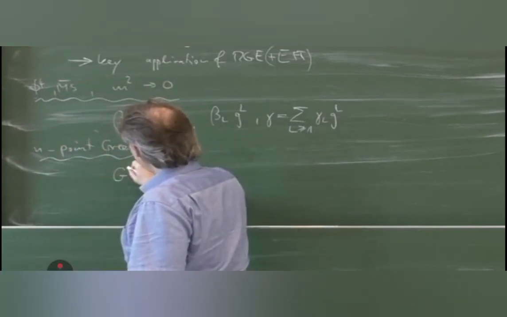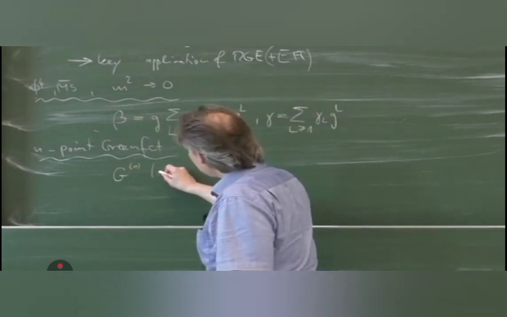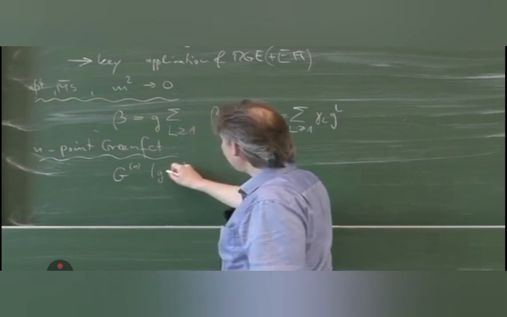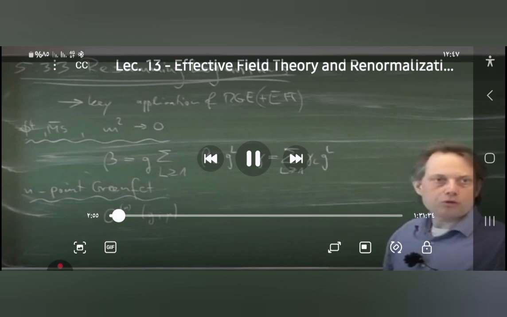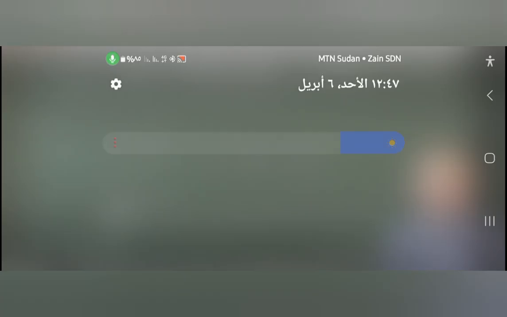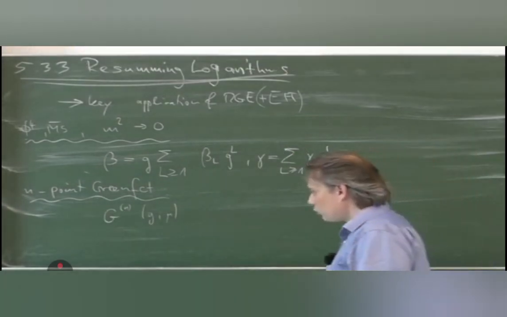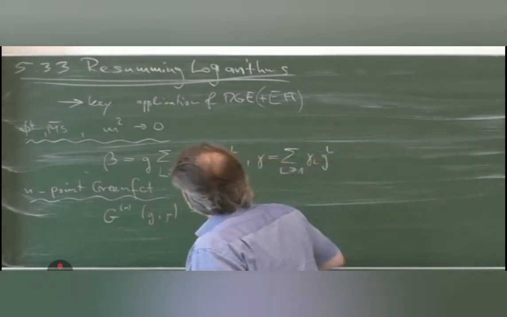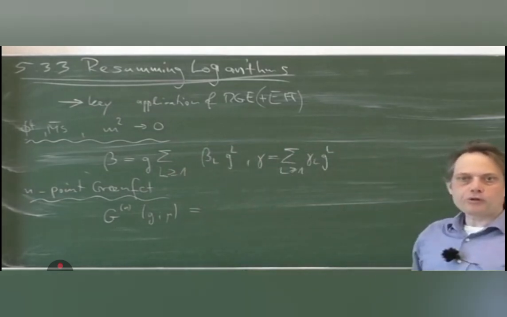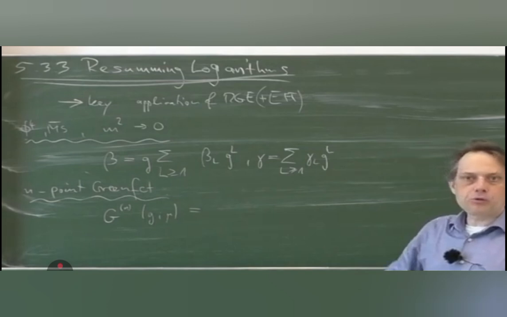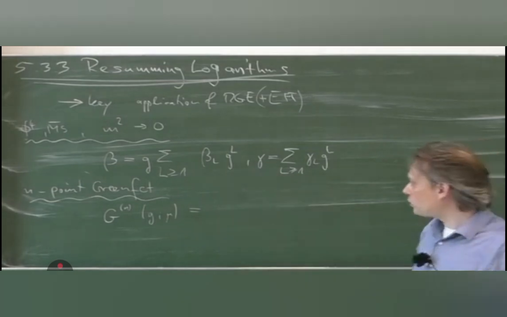Then let us look at some n-point Green function. Let's say G with n field operators is in general a function of the coupling and explicitly of the renormalization scale μ. And as usual, we do not write physical arguments like energy, momenta, and so on. They exist, of course, as well. Depending on the Green function, the lowest order Feynman diagrams contain some number of vertices.